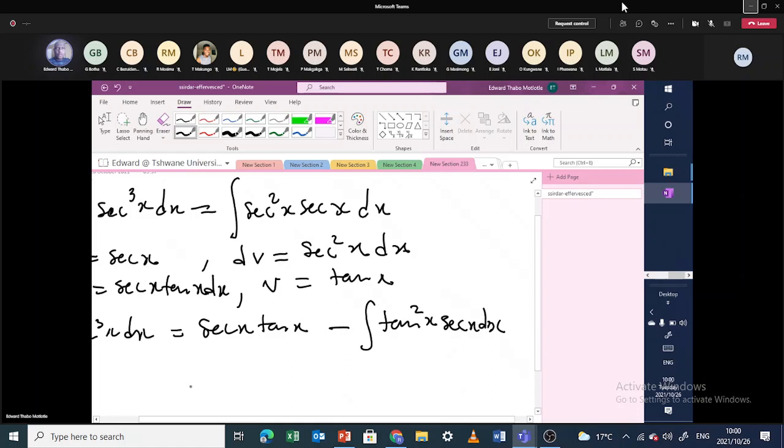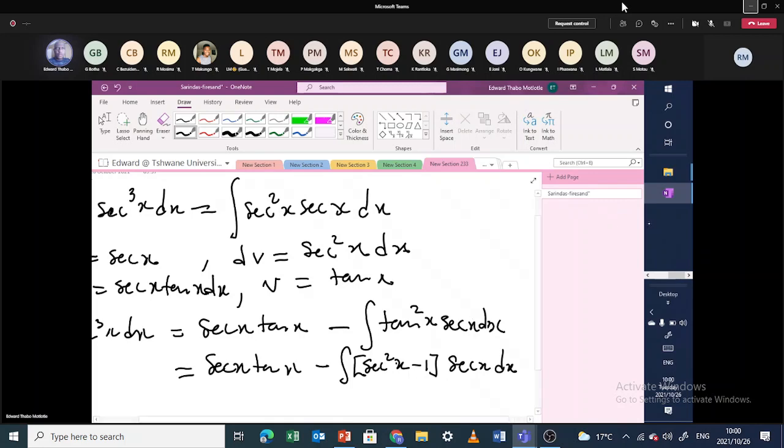Now this is equivalent to sec x tan x minus the integral of, now here we can replace this one as (sec squared x minus 1) sec x dx.